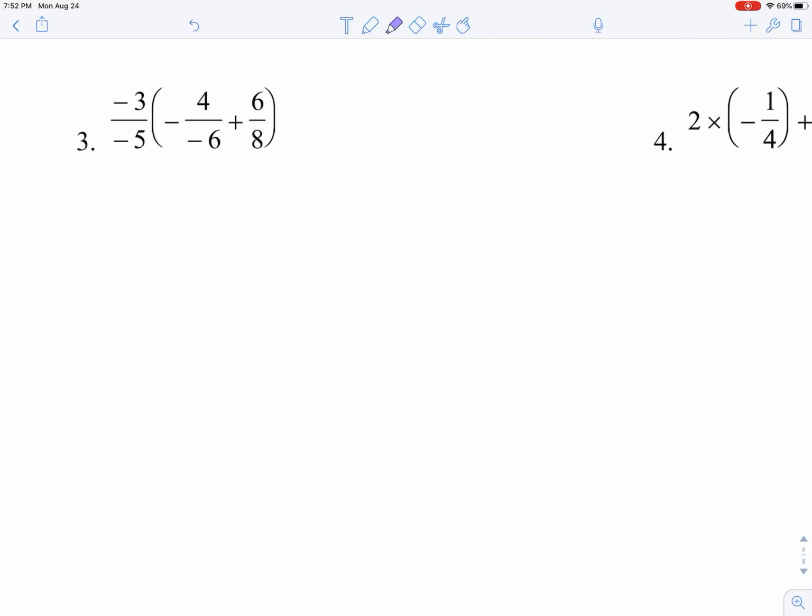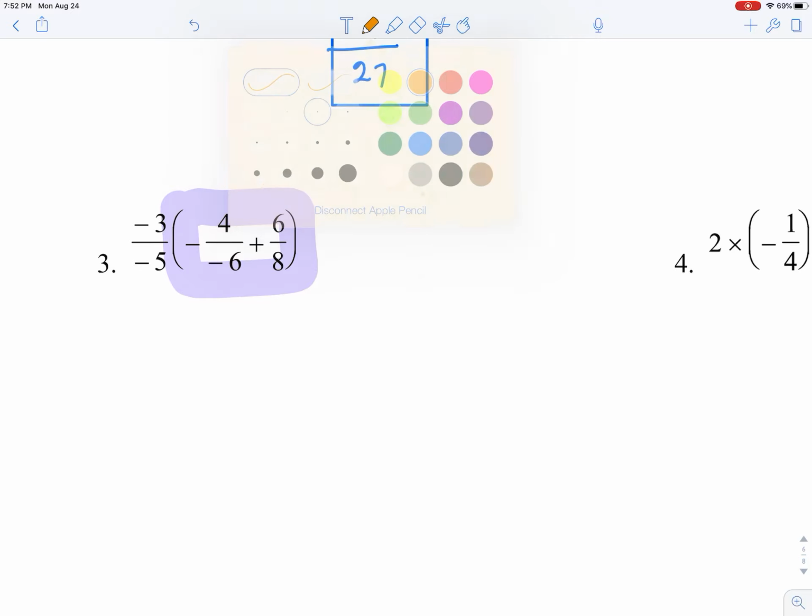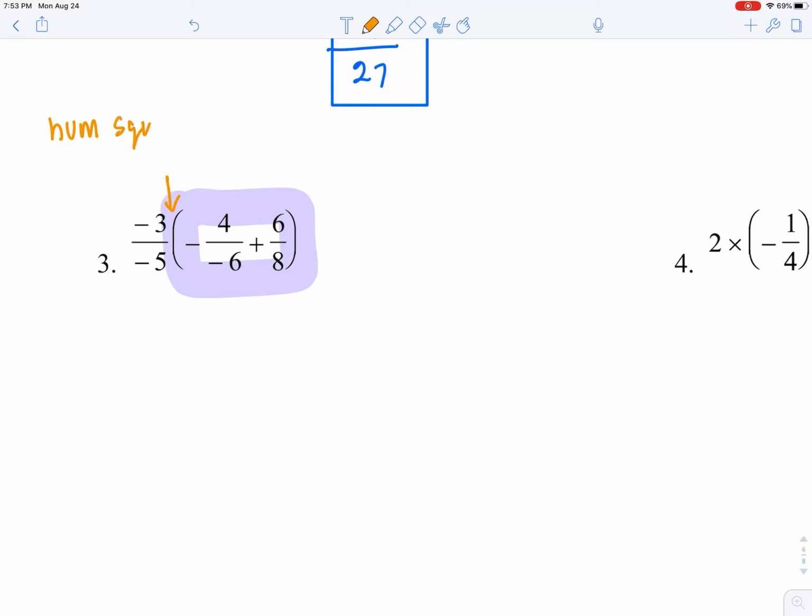Another set of brackets. So what's different here that you might not remember, when you have a number squished up against a bracket, I hope you remember that it means that you have to multiply.